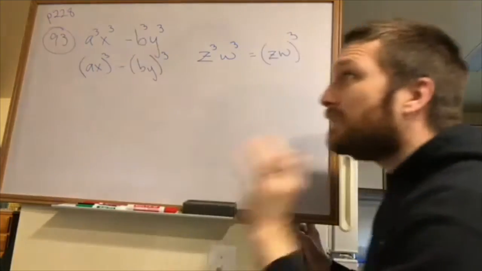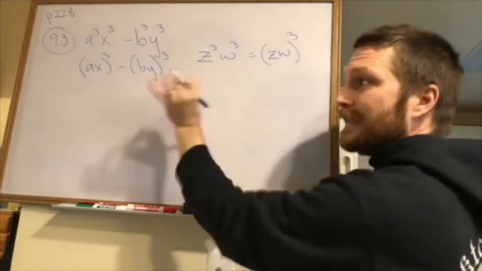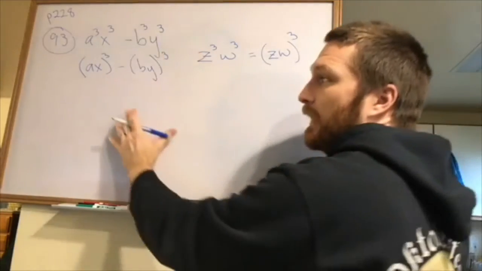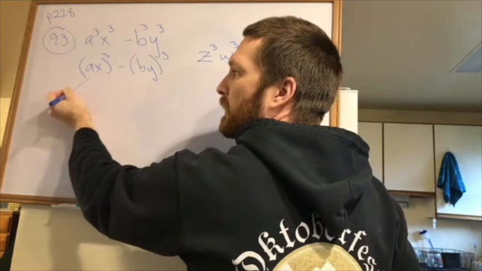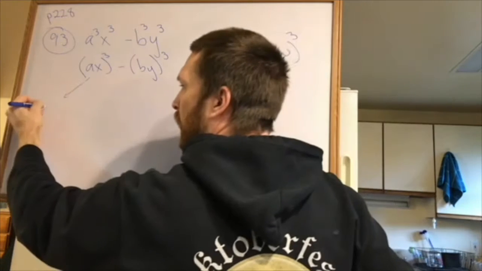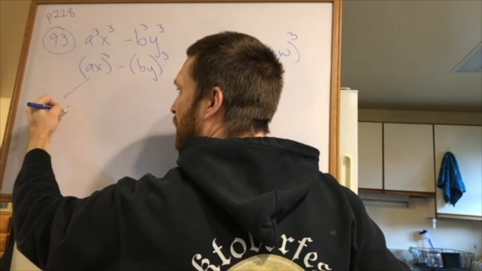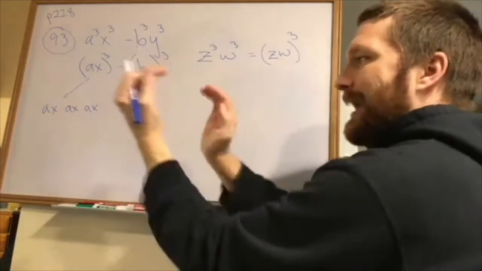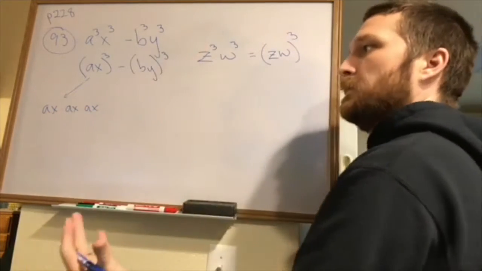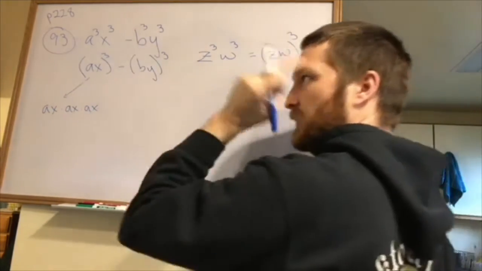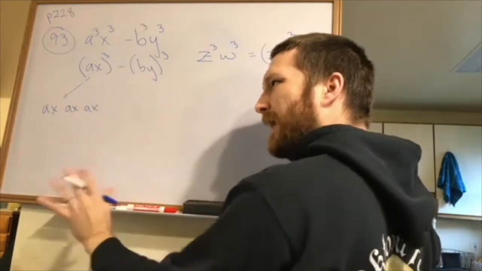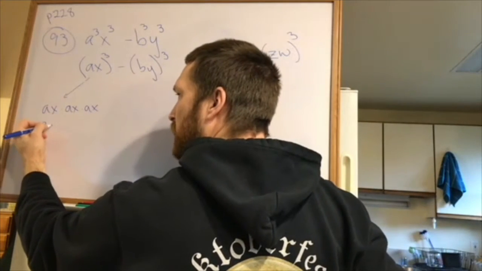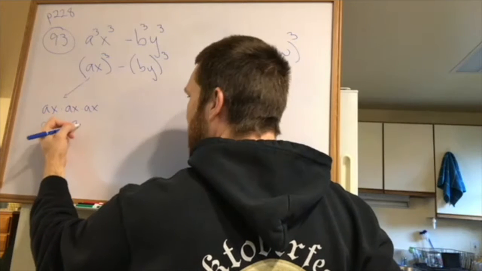And honestly, as I write this, what would be going through my head is something like this. Well, wait a second. What does that mean? Well, it means to take ax times ax times ax. That's what the quantity ax cubed means. Then my brain is double checking and I'm thinking, is that the same thing as, yeah, because I could rearrange multiplication to go in any order I want.